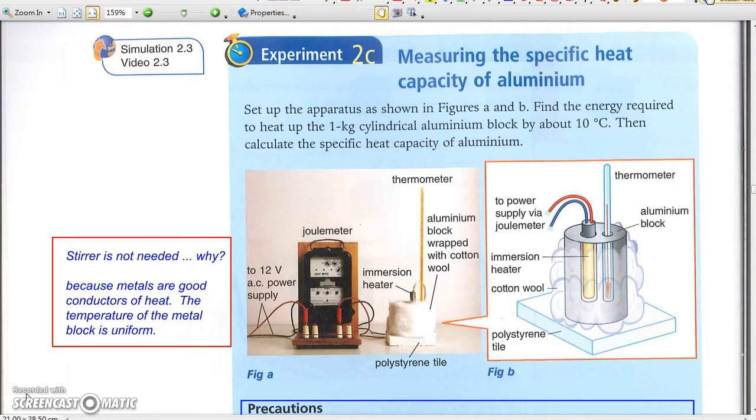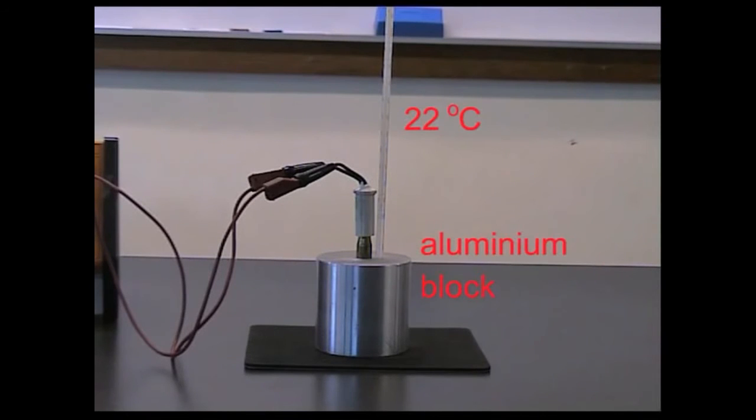Experiment 2C. Measuring the specific heat capacity of aluminium. To measure the specific heat capacity of a good conductor such as a metal, the following setup is used. Record the initial temperature of the block and the Joule meter reading.